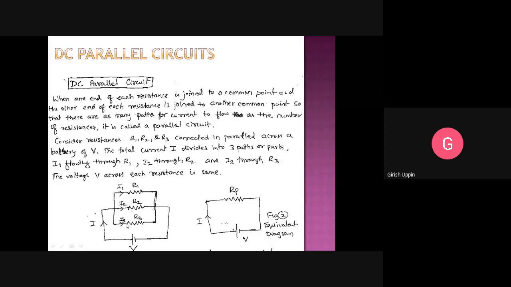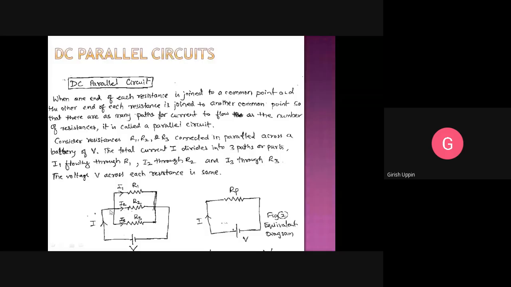Now, these are the two common points and three resistors are connected. Whatever current comes here now has three paths. The current will get divided into three parts, so those parts are connected in parallel.